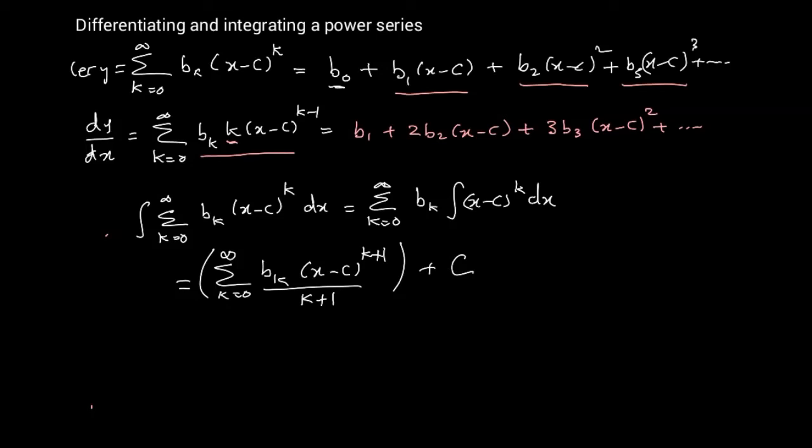Okay, now I can show you term by term. Let's have a look at this term by term. So we go to the original series again, I'll do it in red.